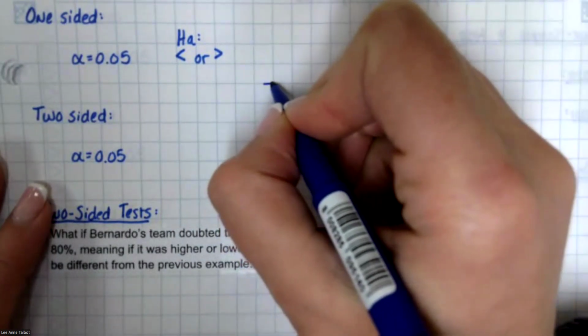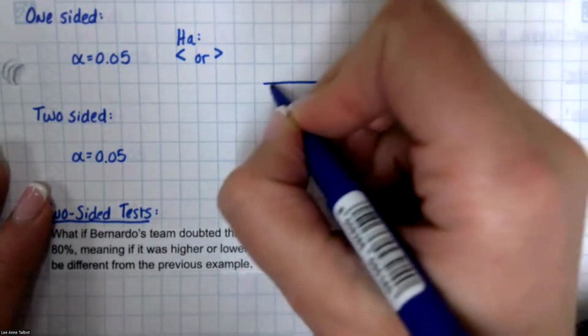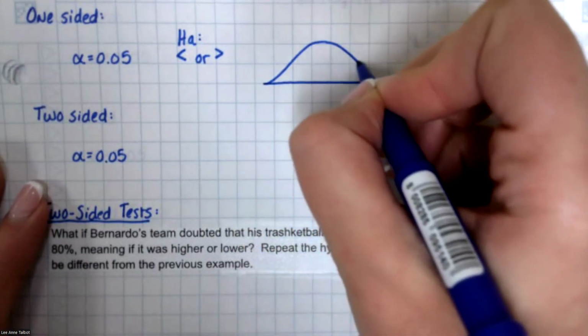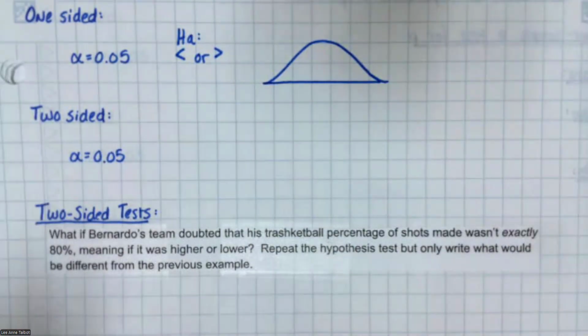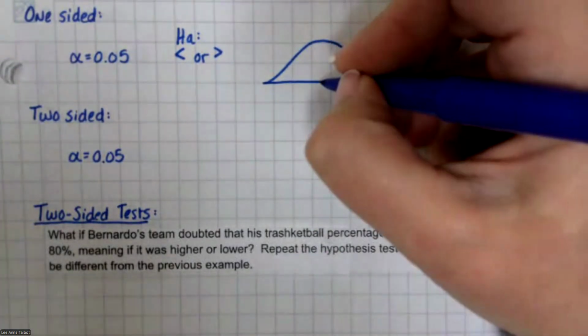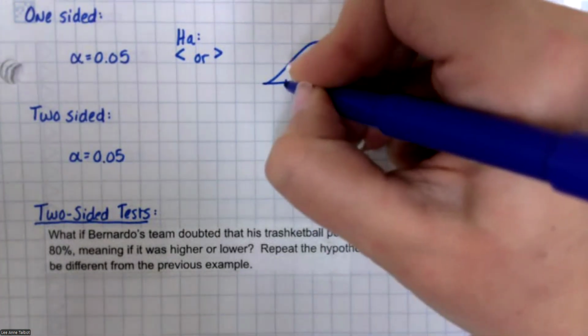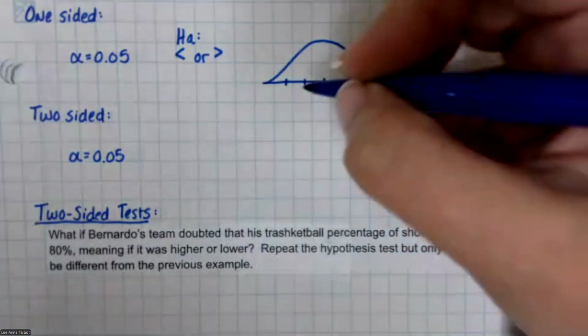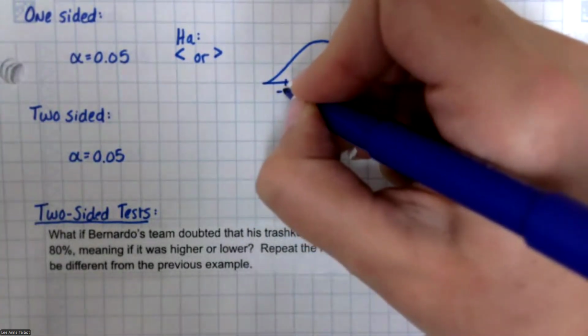Okay, so do you remember how we just said that the alpha level boundary would be in between Z of -1 and -2, but closer to -2?